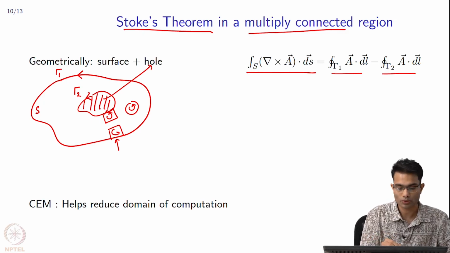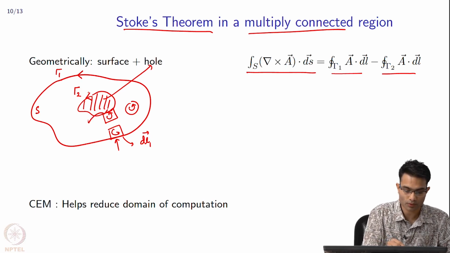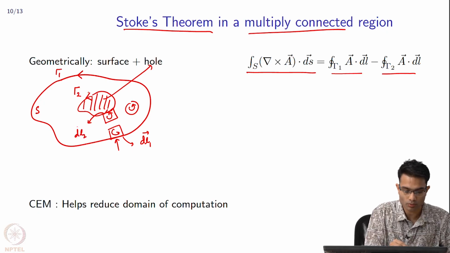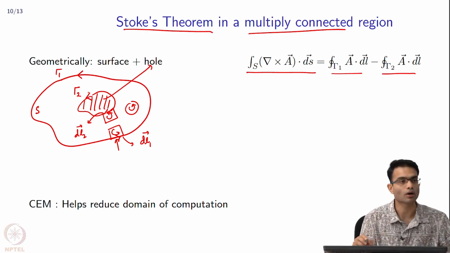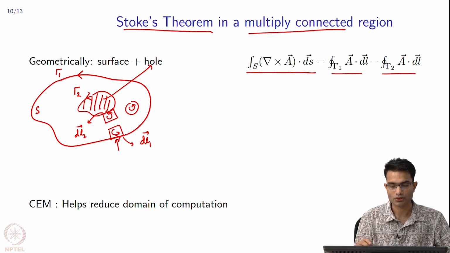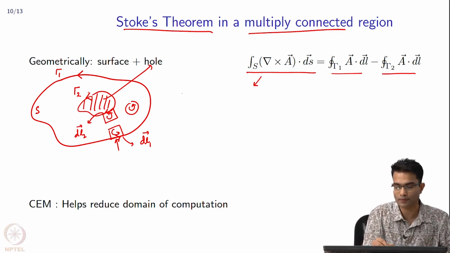So, let us call this dl1 and let us call this part over here dl2. dl1 is pointing in this direction and dl2 is pointing in the opposite direction.